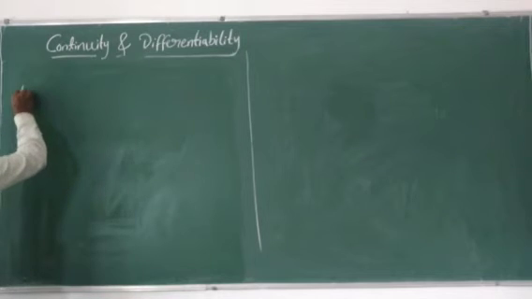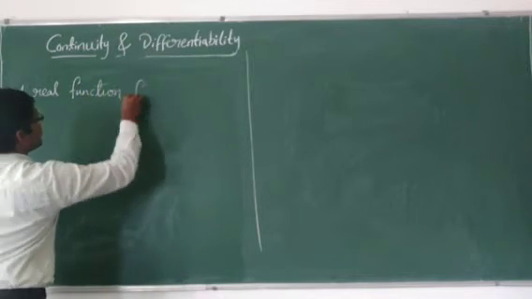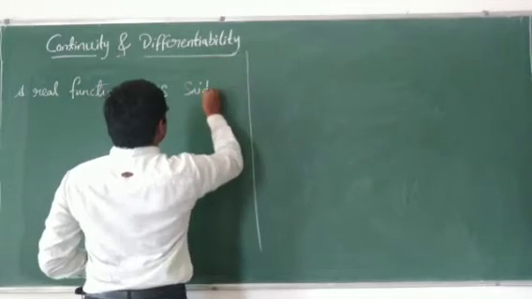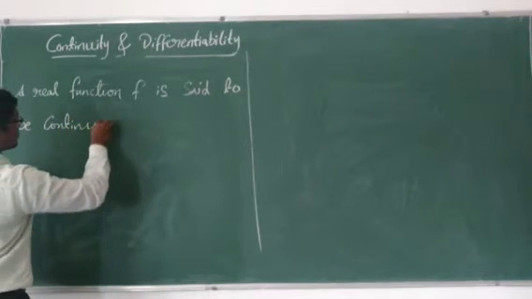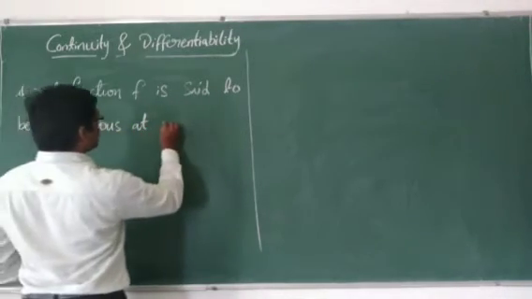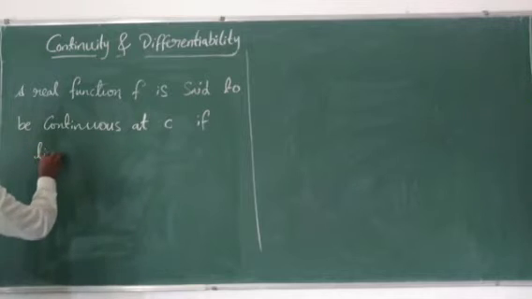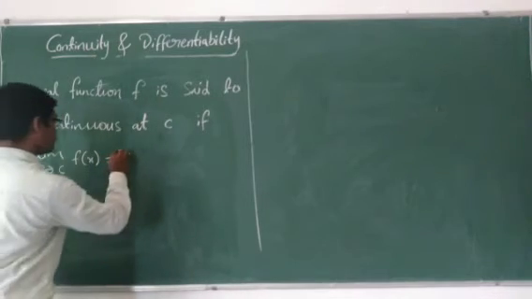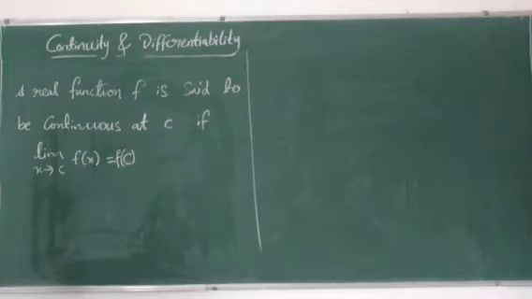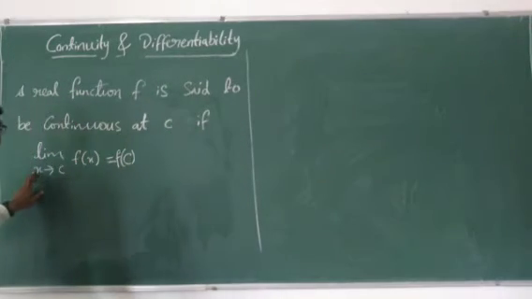A real function f is said to be continuous at C if limit x tends to C of f of x is equal to f of C. A real function f is said to be continuous at some point C if the limit is equal to the function value.